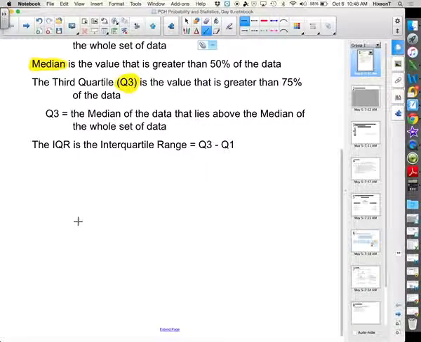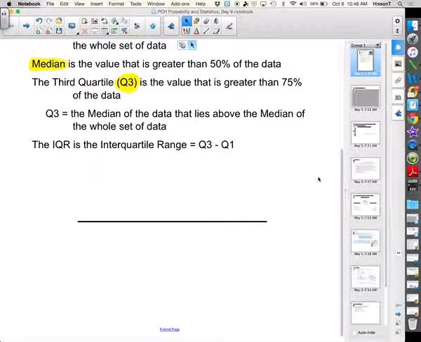Okay. And I want to illustrate this here on a number line just to kind of help us picture what's going on here. So, first of all, we have the min and the max.